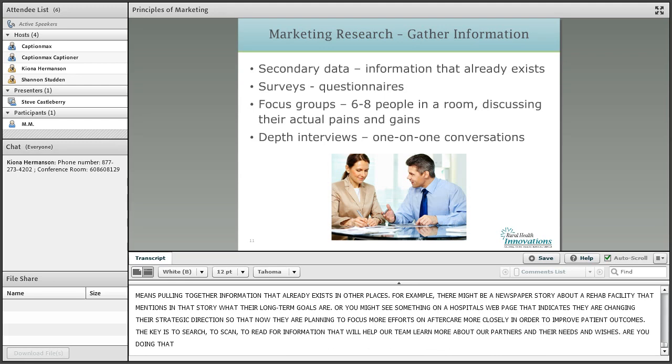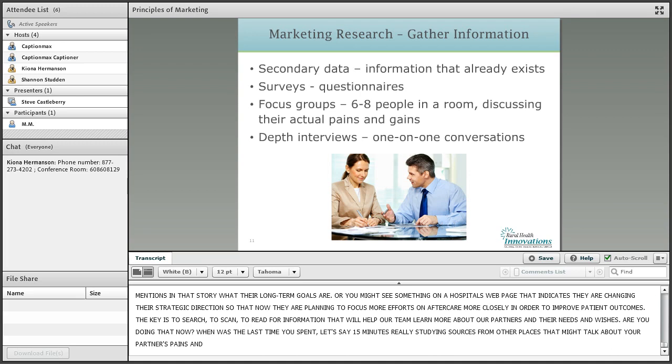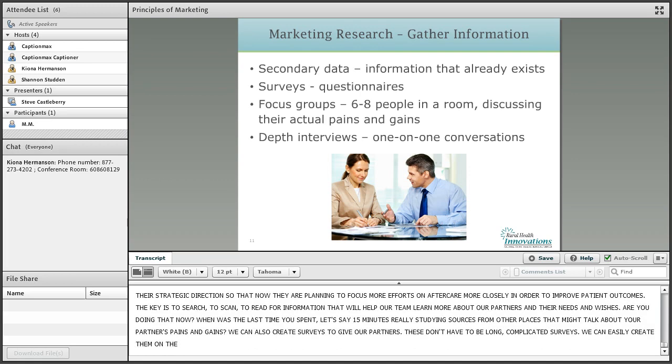The key is to search, to scan, to read for information that will help our team learn more about our partners and their needs and wishes. Are you doing that now? When was the last time you spent, let's say, 15 minutes really studying sources from other places that might talk about your partner's pains and gains?